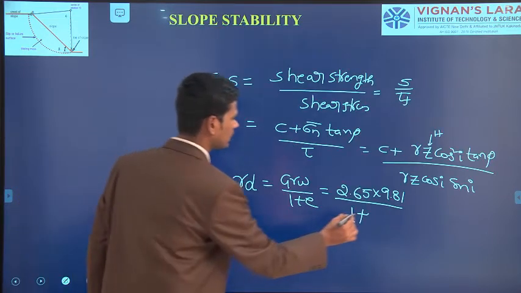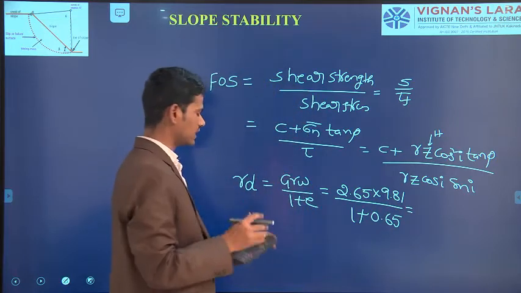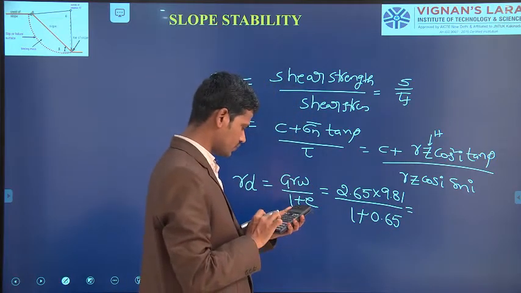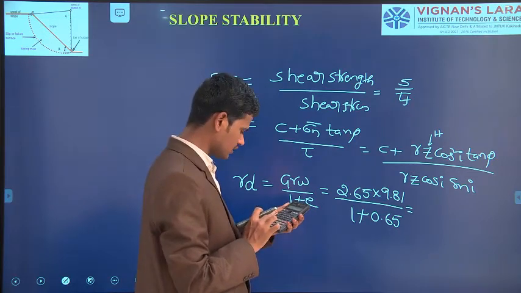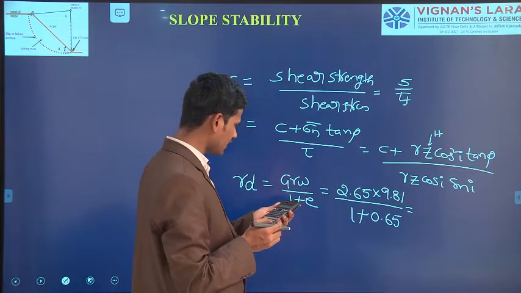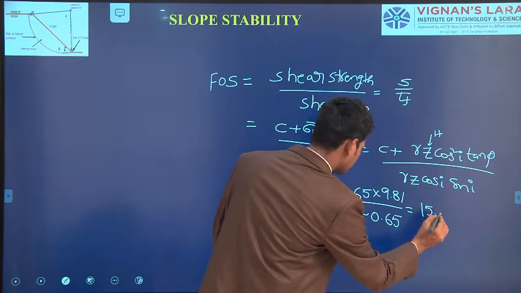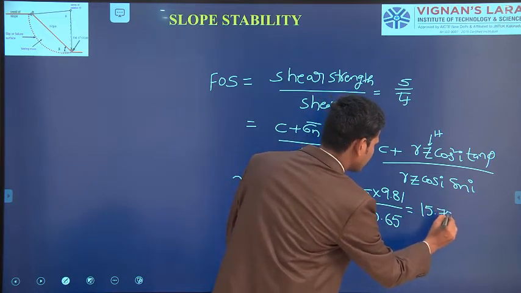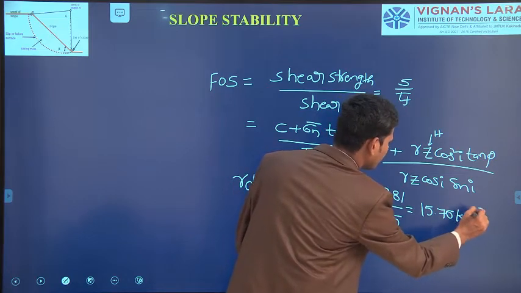Substituting, 2.65 into 9.81 divided by 1.65, I am getting the dry unit weight of the soil mass as 15.75 kilonewton per meter cube.